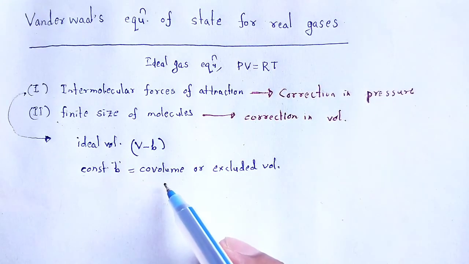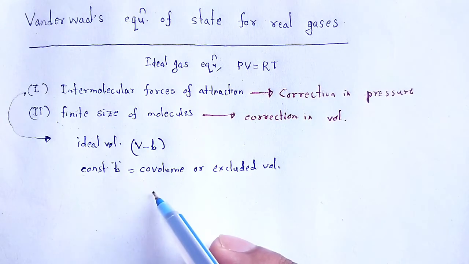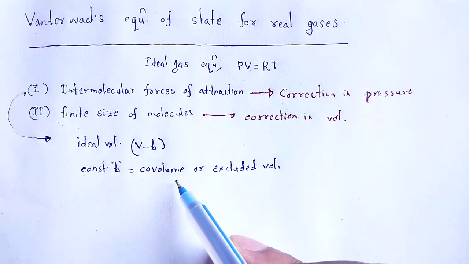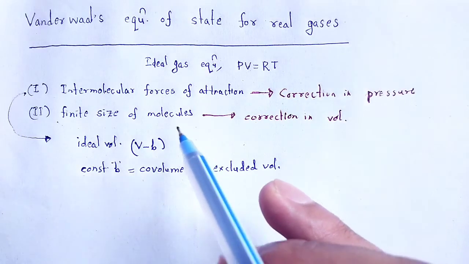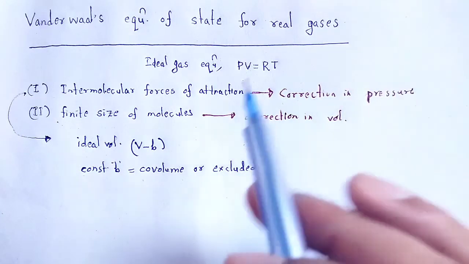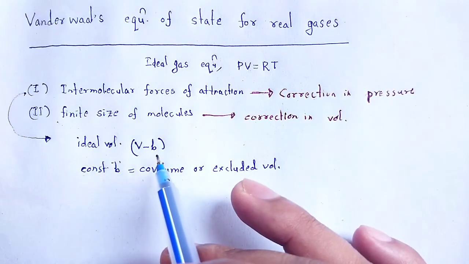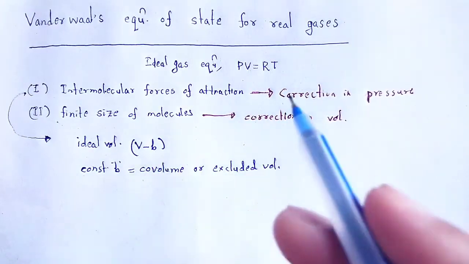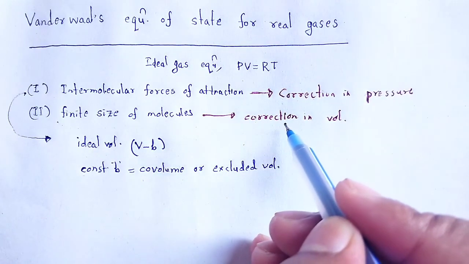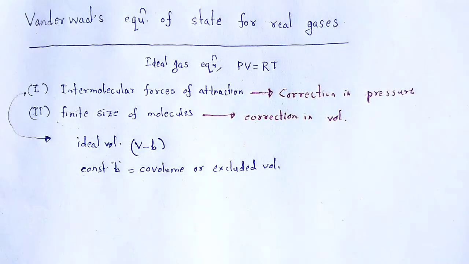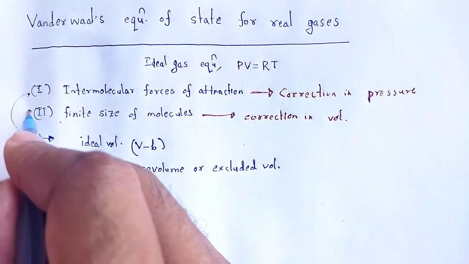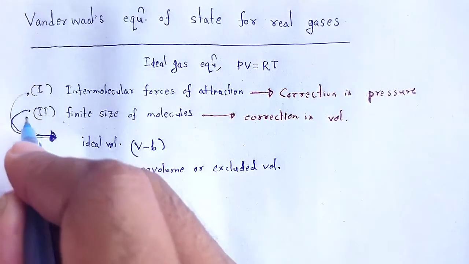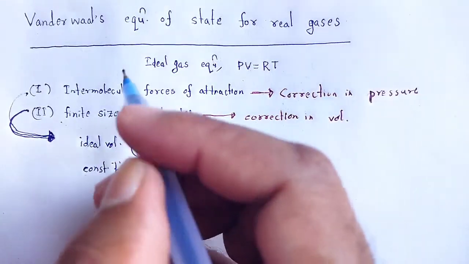Approximately, the co-volume is nearly 4 times the actual volume occupied by the molecules contained in the gas. So, in this way volume is corrected as V minus b. That is for volume.